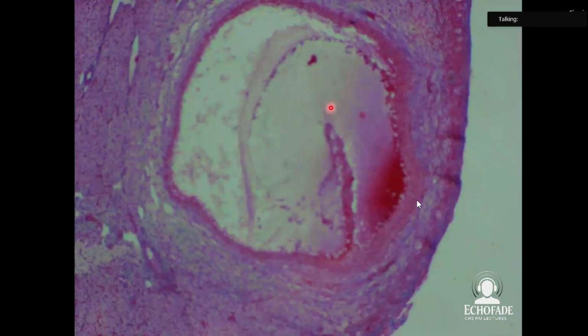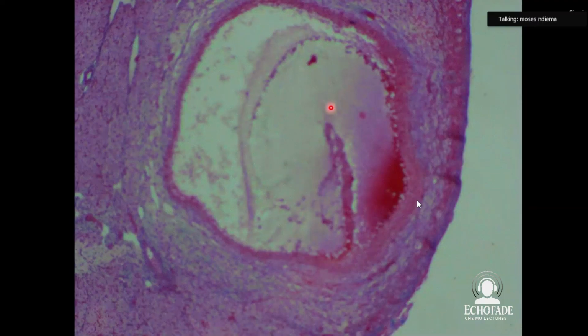However, if there is fertilization, then after fertilization the trophoblast cells produce human chorionic gonadotropin hormone. The human chorionic gonadotropin hormone stimulates the release of luteinizing hormone by the pituitary gland.